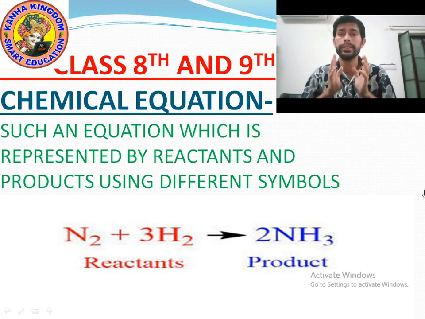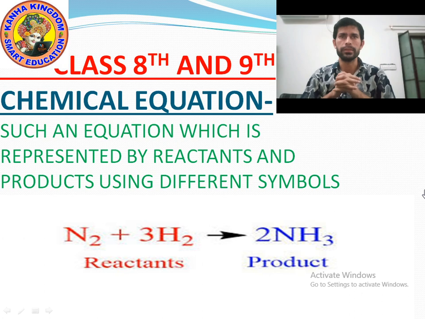So actually a chemical equation we represent using reactants, products and a few symbols. Symbols means what? Let's have a look. Look at the picture. I have written a reaction N2 plus 3H2 gives 2NH3. N stands for nitrogen, H stands for hydrogen.